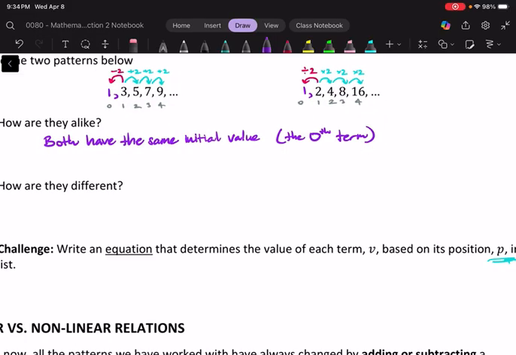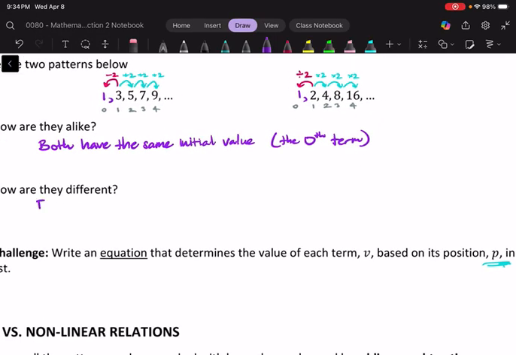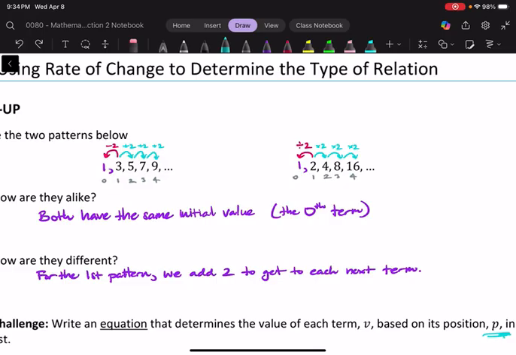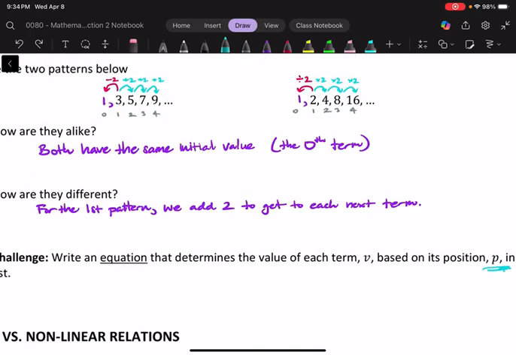So for the first pattern, we're adding 2 to get to each next term. So key is adding. Whoa, that underline was questionable. Add. Nailed it.